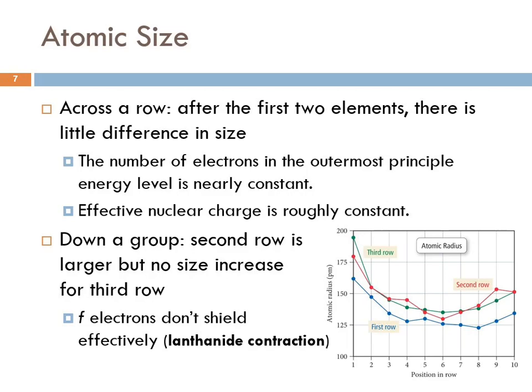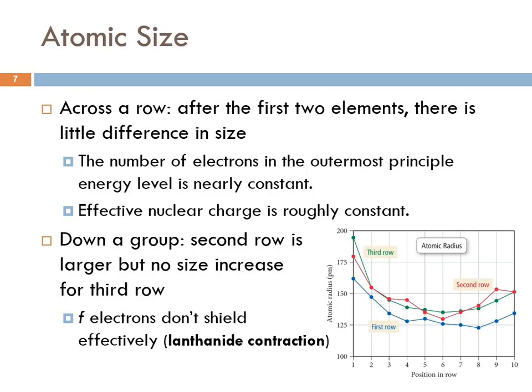What is a little counterintuitive is that as we go across a period, the atoms get smaller. And so if we compare sodium and argon, argon is actually smaller than sodium, even though it weighs more and it has more protons and more electrons and more neutrons. And the reason for that is effective nuclear charge.